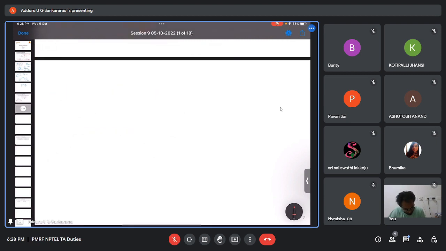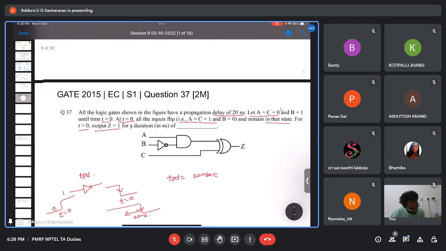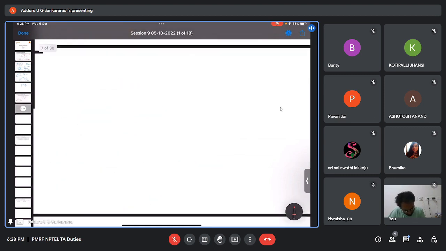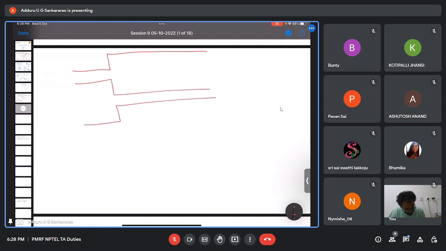This line is t equal to 0. This side is t less than 0 and this is t greater than 0.